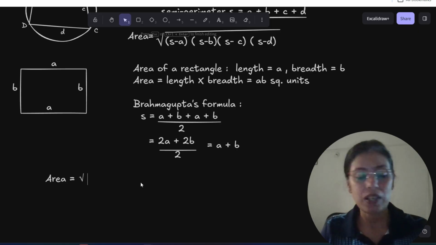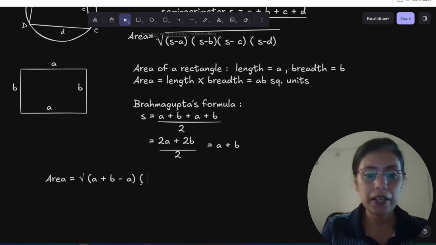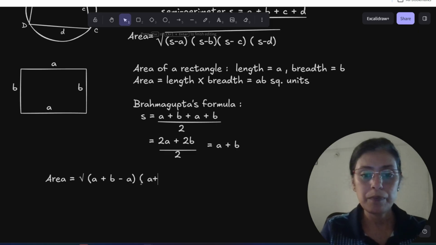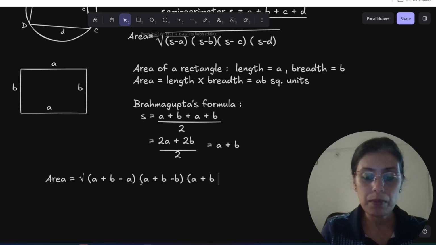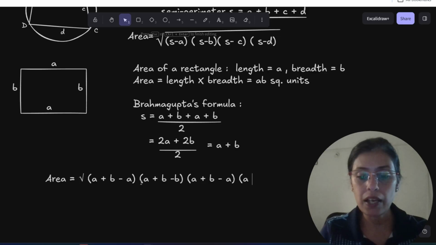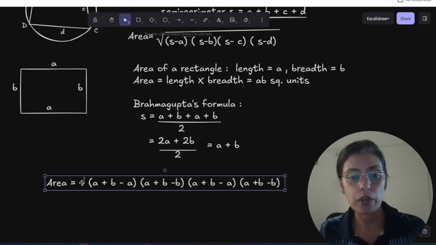This is going to be S minus A. S is A plus B minus A. The second term will be A plus B minus B, because S is A plus B. Now the third side is again A, so this is going to be A plus B minus A. And the fourth side is again B, so it is going to be A plus B minus B. And this is all under a square root.